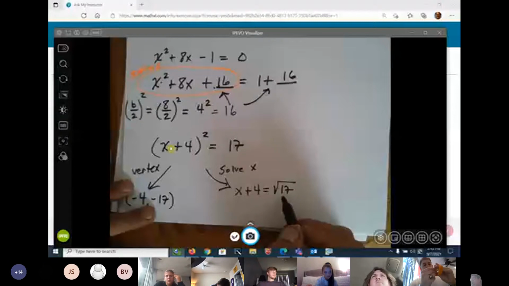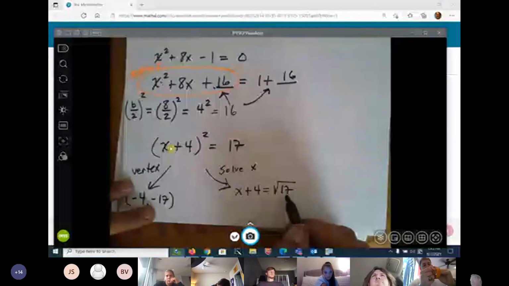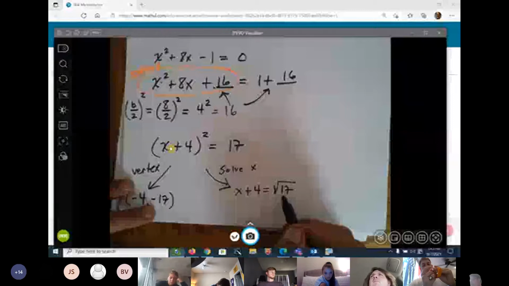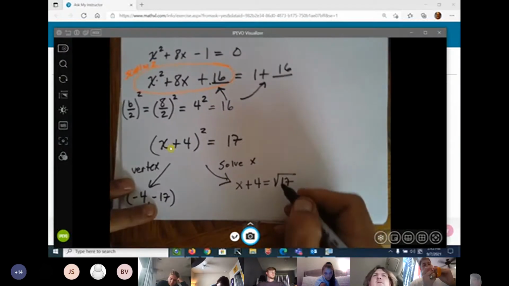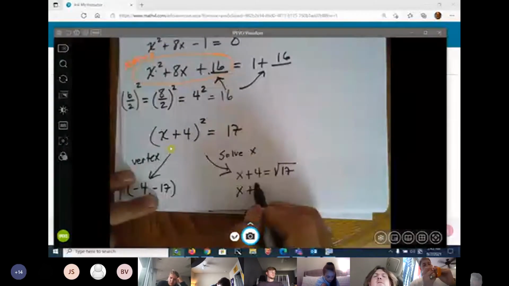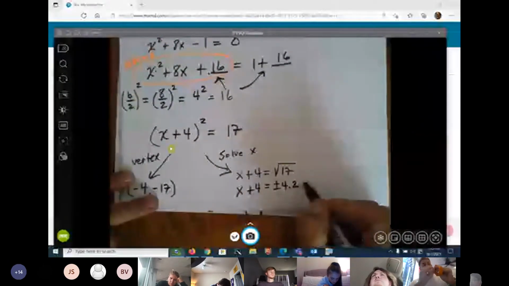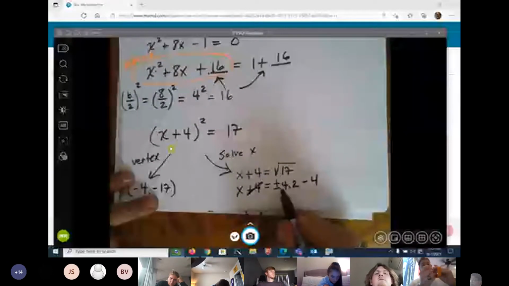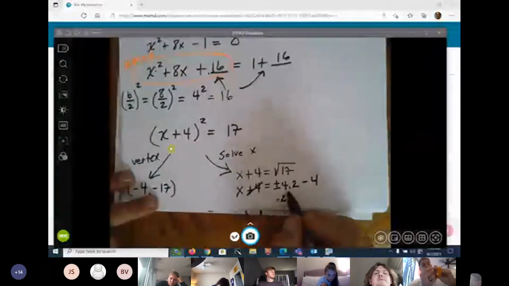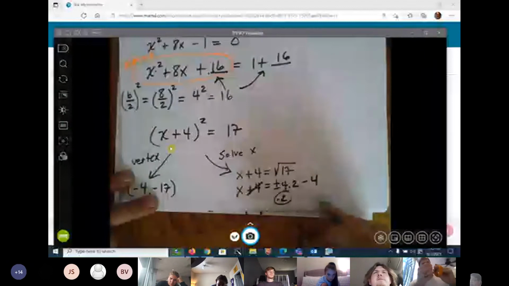Let's see, 16. I'm sorry. 16 would be 4. Yeah, 17 would be like 4.1 or 4.2. So x plus 4 is equal to positive or negative, I'm going to say 4.2, minus 4. 4.2 minus 4 is 0.2 and negative 8.2.